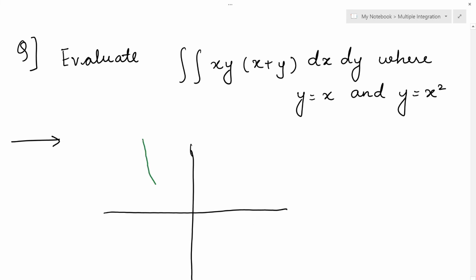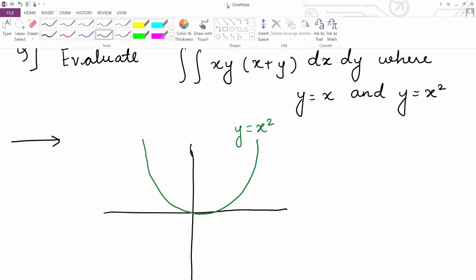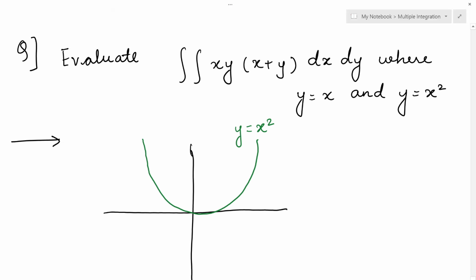Now you know this, we have done it in the earlier sum also. It is a parabola. Now y is equal to x. y is equal to x is a line passing through the origin.